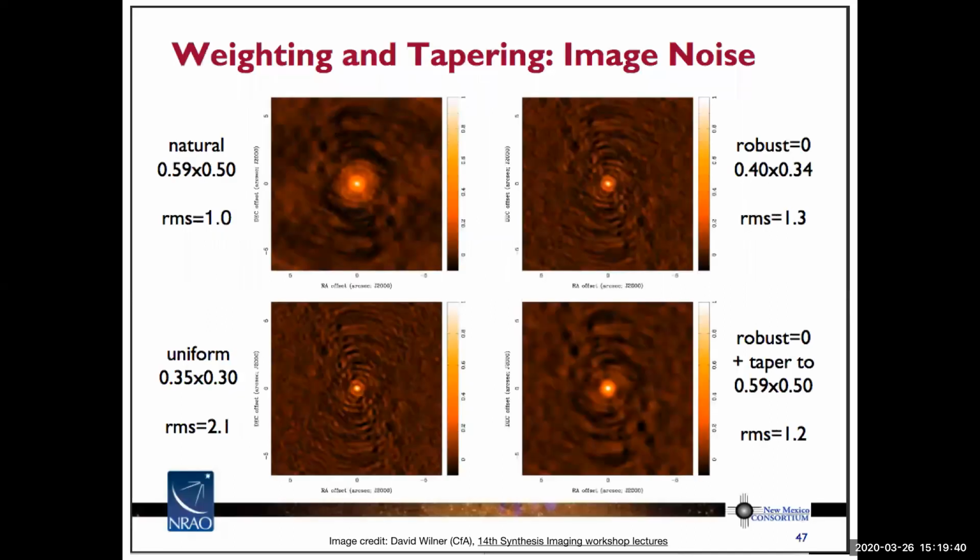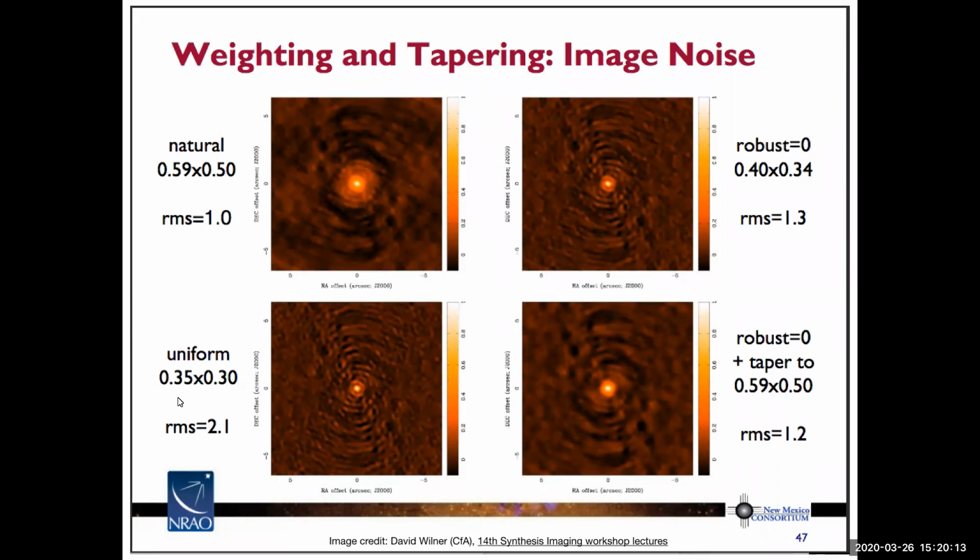So I've stolen some examples on this. This is from a slide taken from David Wilner from the NRAO Interferometry Summer School from a couple of years back. And this demonstrates the same data imaged with different weighting schemes. On the top left is the natural weighting scheme, where the resolution, this is the beam size, the major and minor axis, is largest, but the noise, the RMS in the image, is the best that you can achieve.